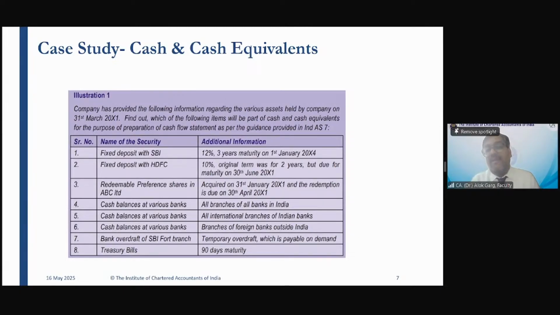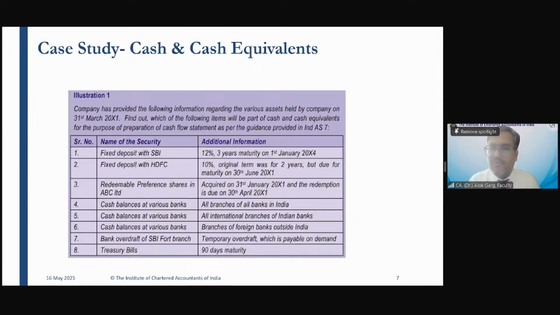Why? When your bank overdraft liability is more than your cash balances, then it will be negative. But in your balance sheet, it can never be negative, because it has to be reflected gross. Gross means asset on the asset side, liability on the liability side.